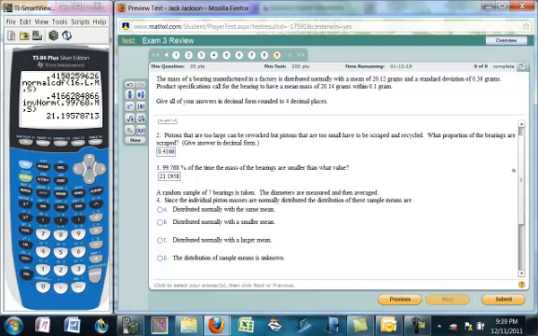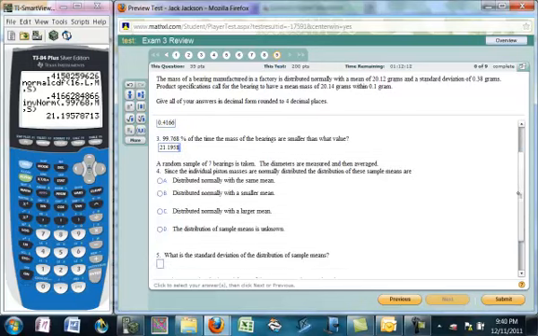Since the individual piston masses are normally distributed, the distribution of the sample means is exactly normal, regardless of the sample size, with the same mean. So distributed normally with the same mean is correct.